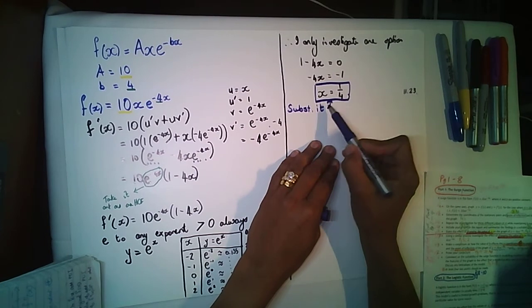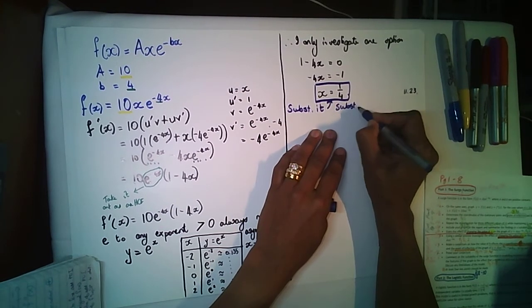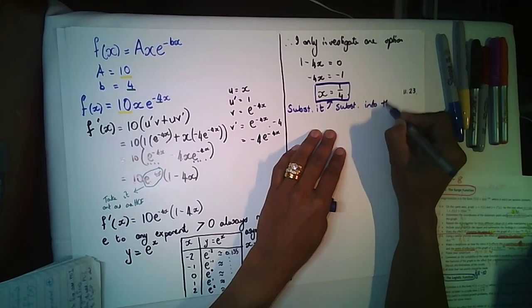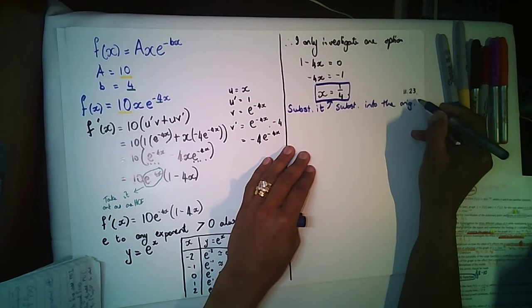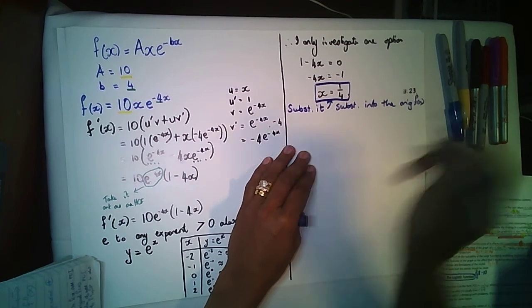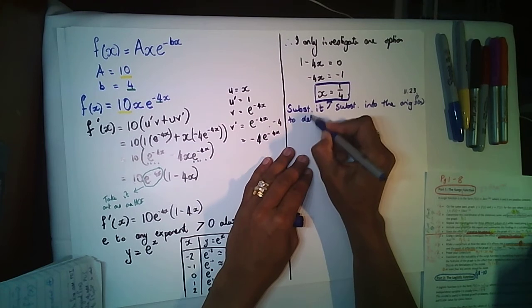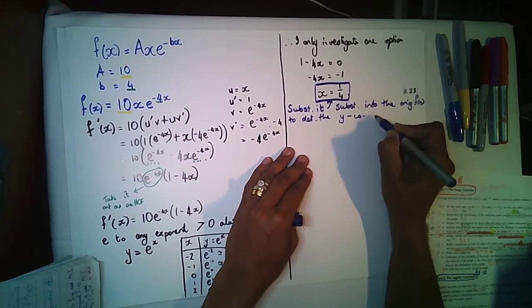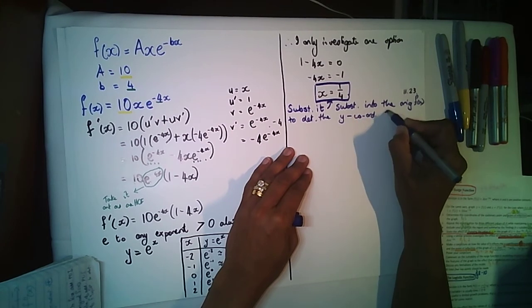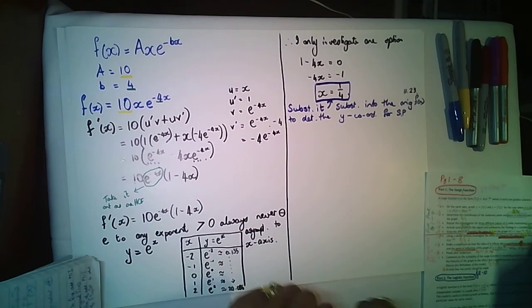We're going to take that x value and substitute it into the original function to determine the y coordinate. I'm just going to give you the beginning for the stationary point, using that abbreviation.